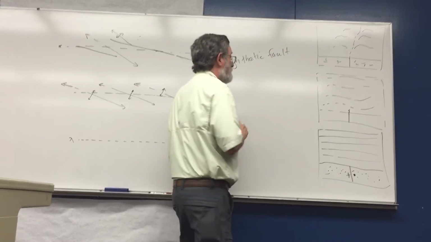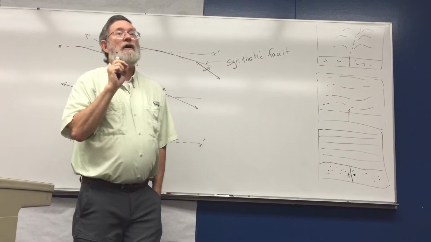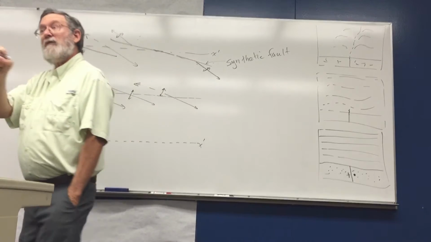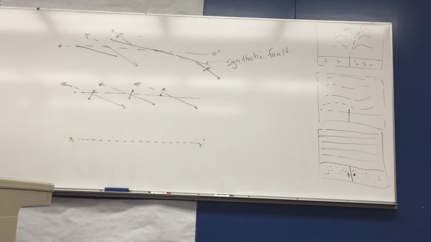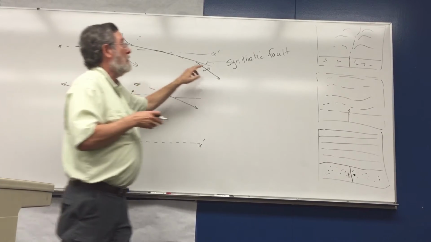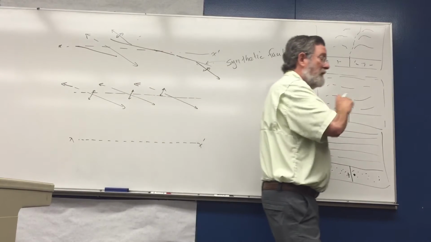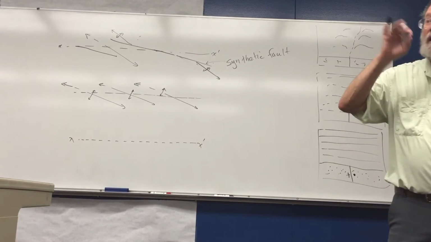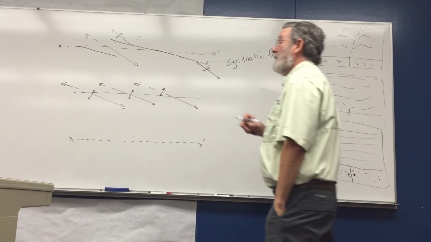A synthetic fault is a nearly vertical fault that is showing the same sense of offset that we have at depth. So if our fault at depth is a right lateral, then this will be a right lateral fault here. So these are synthetic. That means they have the same sense of displacement as the fault at depth.